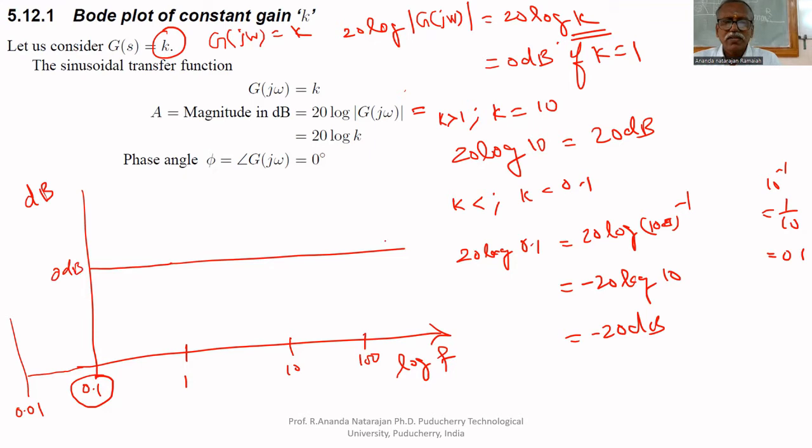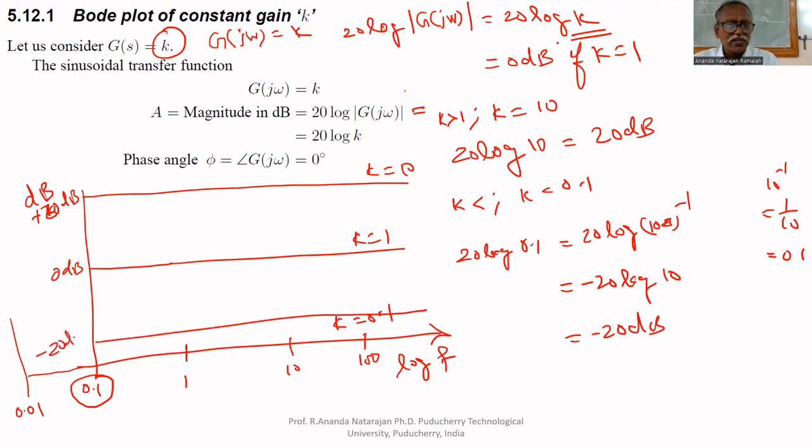For k equal to 10, you will get plus 20 dB. When k equal to 0.1, you will get minus 20 dB. A horizontal line you will get. So this is the plot for k.